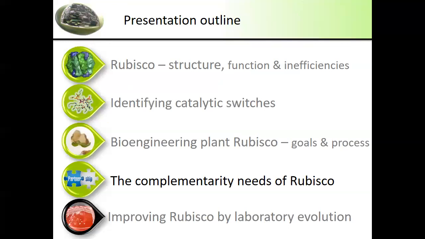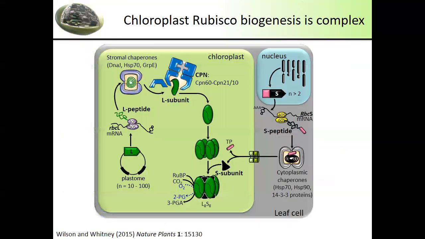So what are these chaperone requirements of Rubisco? If we look at this assembly process of Rubisco in plants, it's actually more complicated than what I made out earlier. So the large subunit is translated in the stroma, undergoes a number of post-translational modifications, but also needs various chaperones to maintain it in an unfolded state to be delivered to the folding cage of the chaperone complexes.